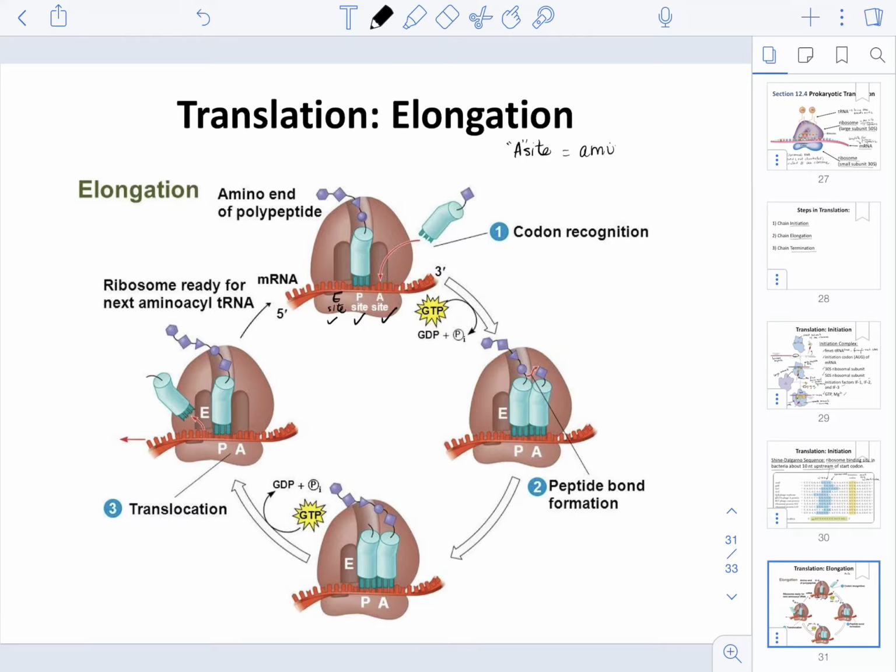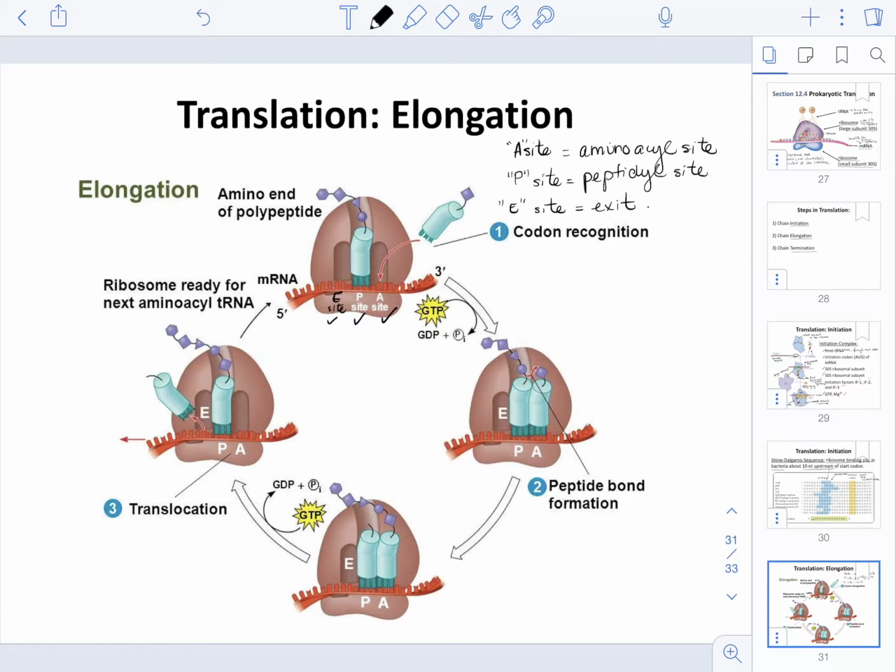We have the A site, the aminoacyl site, the P site, the peptidyl site, and the E site, which is the exit site.